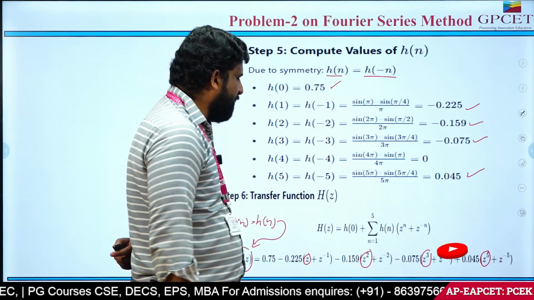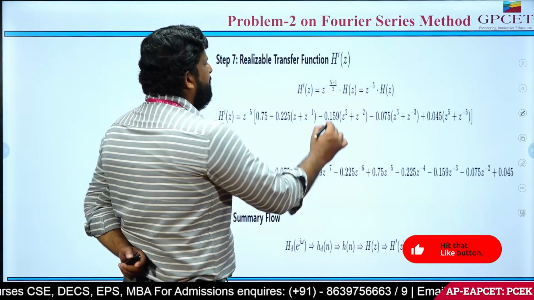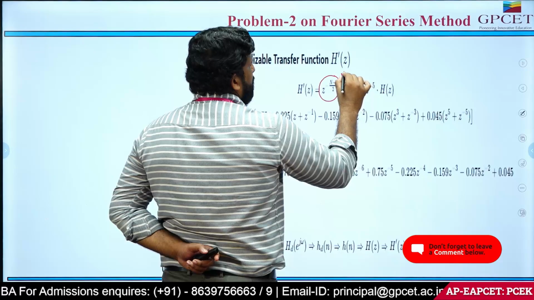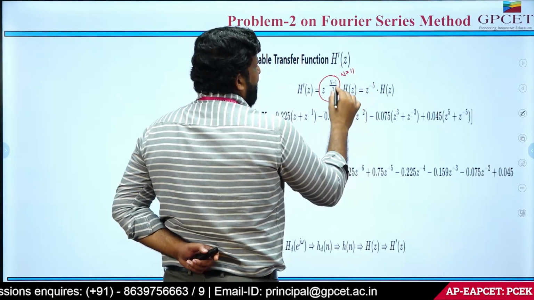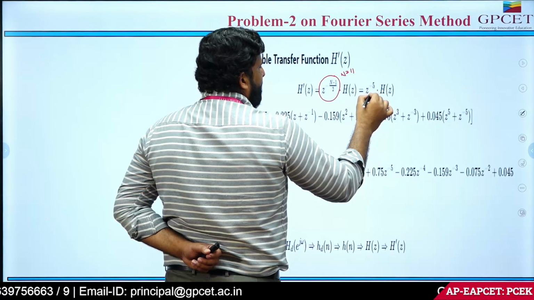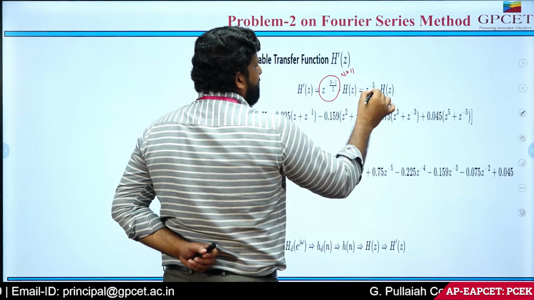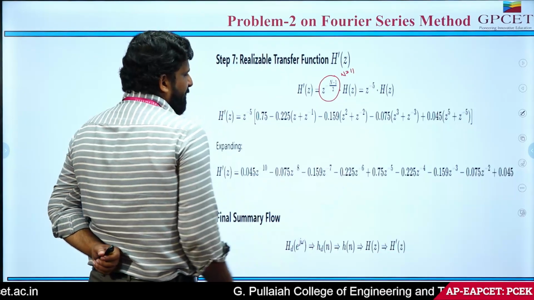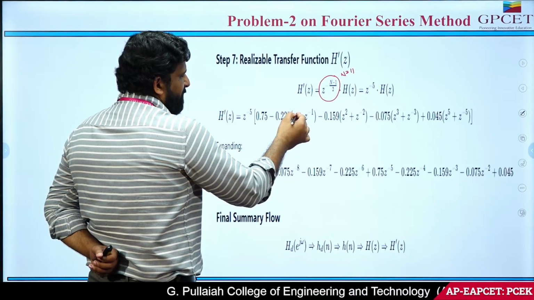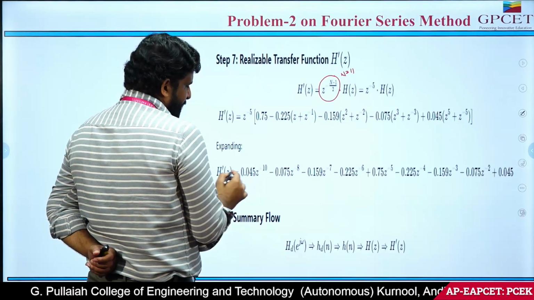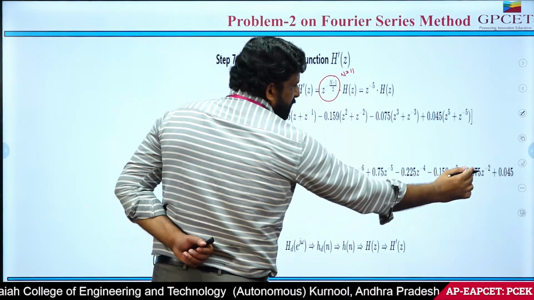For this, we multiply that equation with z to the power of minus (n minus 1) by 2, and we know that n is equal to 11. So by substituting n is equal to 11, we are multiplying it with z to the power of minus 5 to h of z. By multiplying, all the positive power terms are converted into negative ones, and you can see there are no positive power terms here.